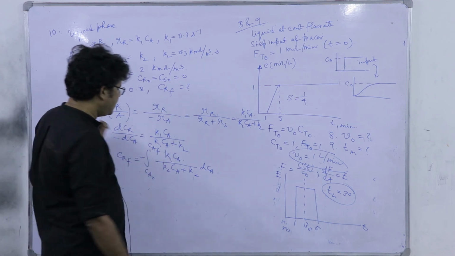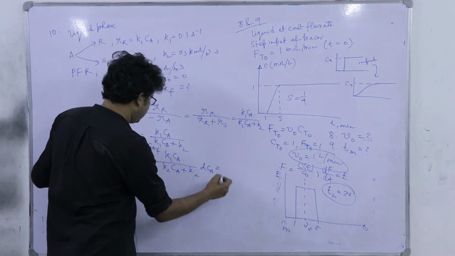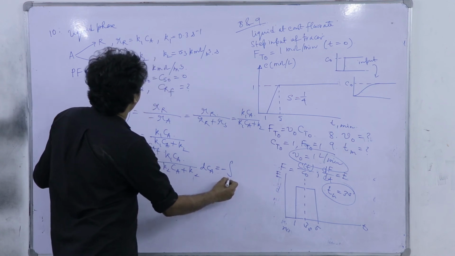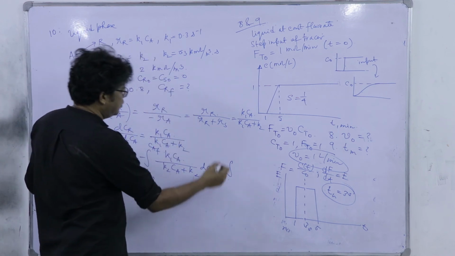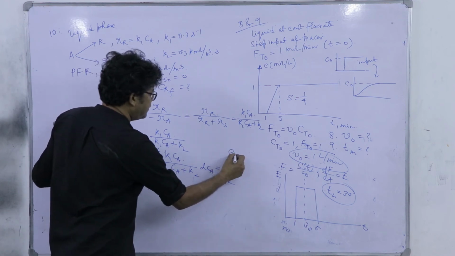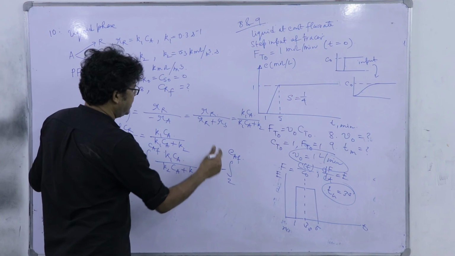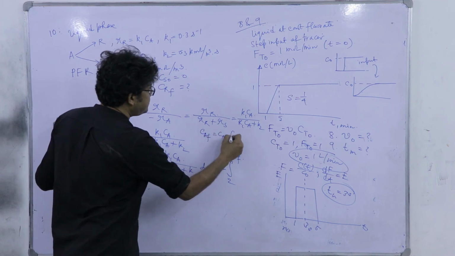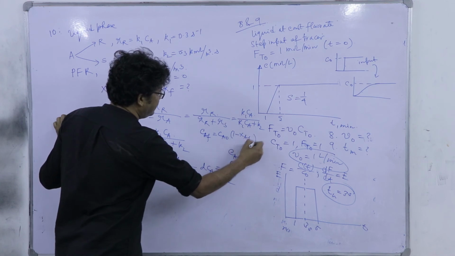K1, K2 cancel out. So, what will it give you? This Ca naught is 2, right, and CAF we have to calculate. CAF is how much? Ca naught into 1 minus XAF.